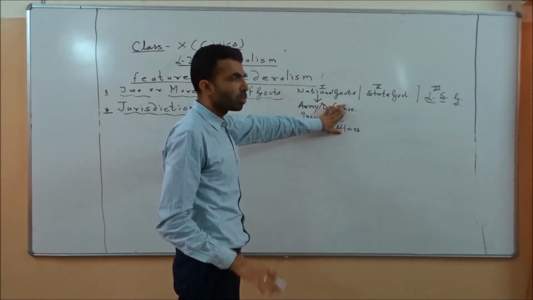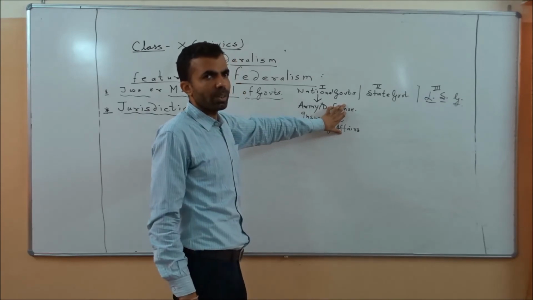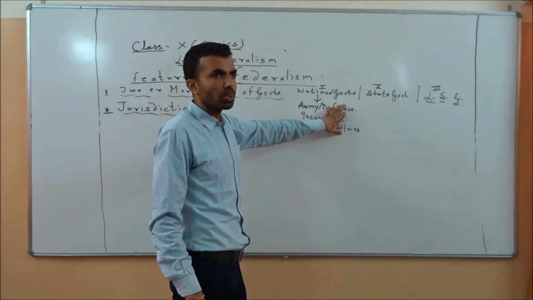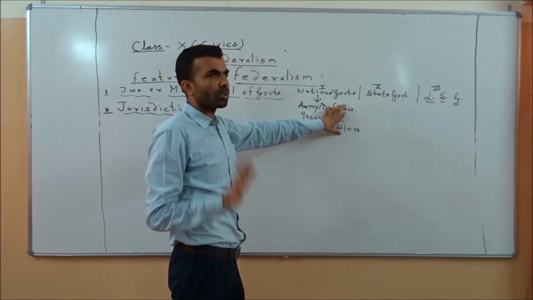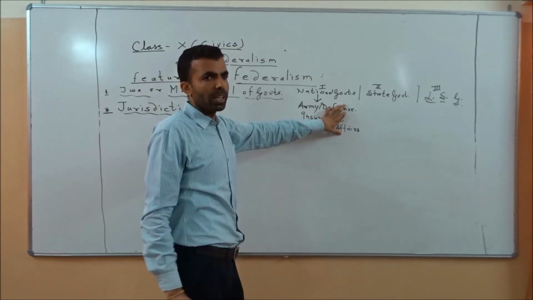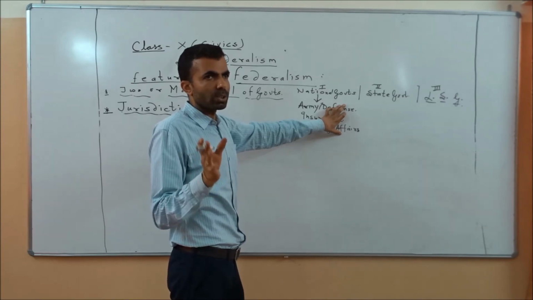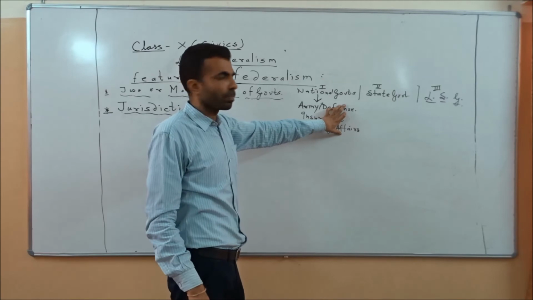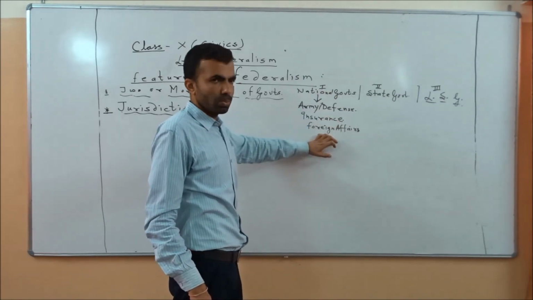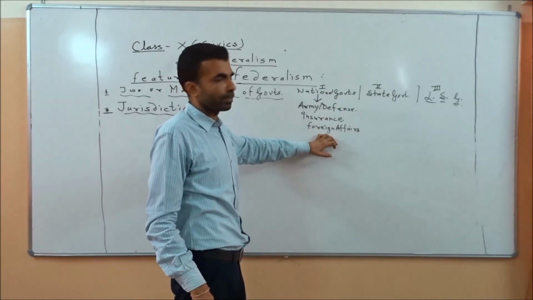National importance issues also mean that the issues should be the same from north to south, from east to west. There shall be no violations or other kind of variations regarding the issues within the boundary of the nation.